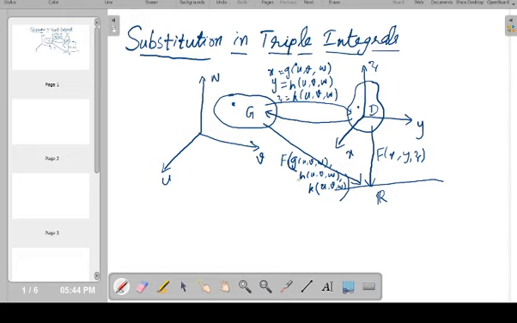So this is the composition, and you have a result which I am going to state as a theorem. Its proof is not in the syllabus. It is beyond the scope of this textbook.